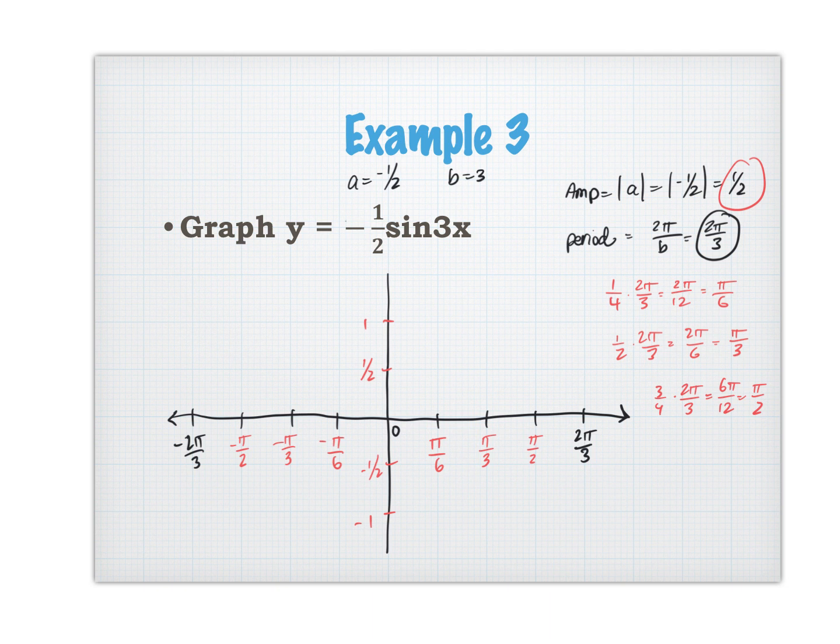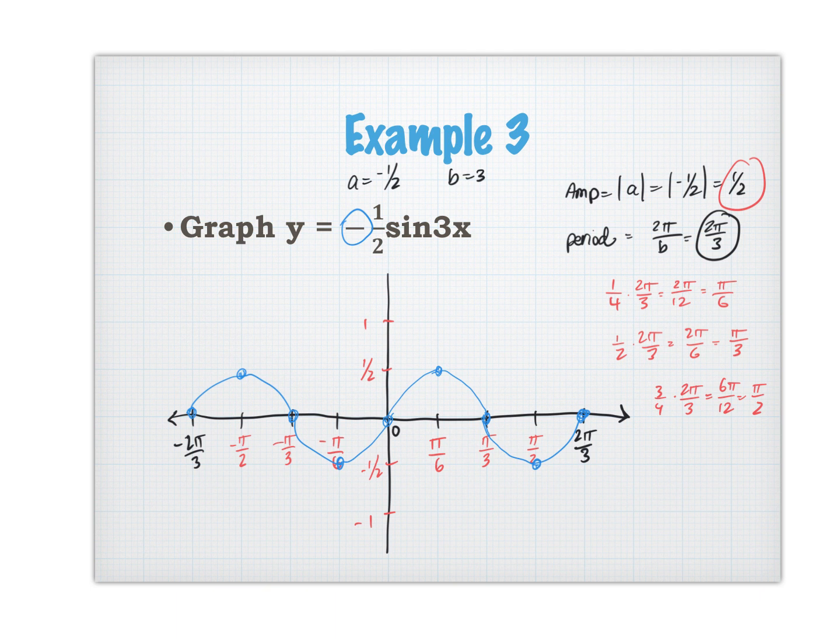Now I see here again, this is a negative, so I have to think to myself, if this was positive, I know that my sine wave would look something like this. I'd be going to here, it would go to there, right? I would go down here to the -1/2, and I'd go back up, right? And that would be my wave. And over here, it would be here and here, and here, and here, and I'd have my wave.